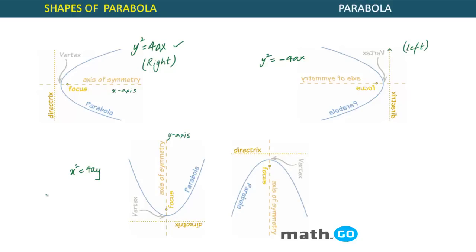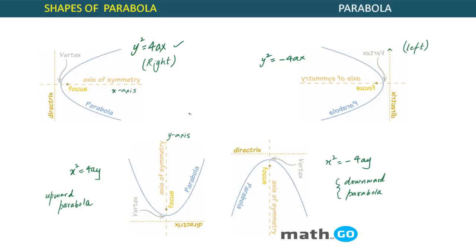We know this as the upward parabola. Right? And this is what you have studied in the topic quadratic equations. If the shape is opening downwards, it will be x square is equal to minus 4ay. And we will call this the downward parabola.